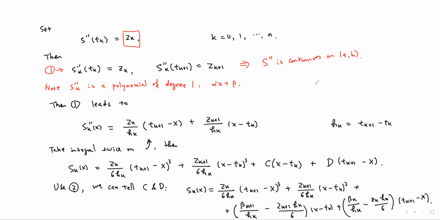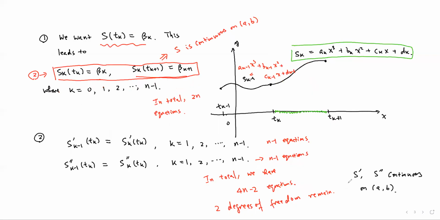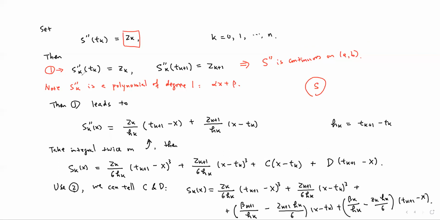We have used the continuity of S, because when these two equations are satisfied, S is continuous at the knots.